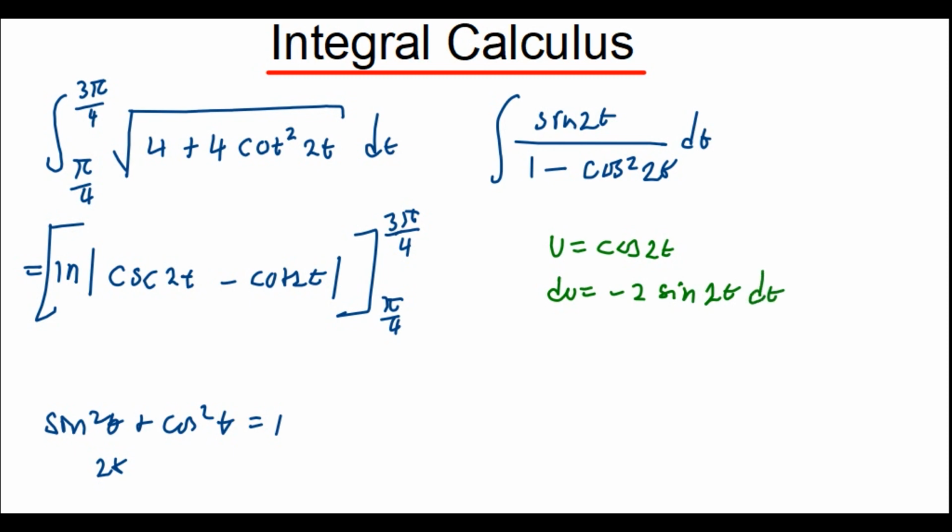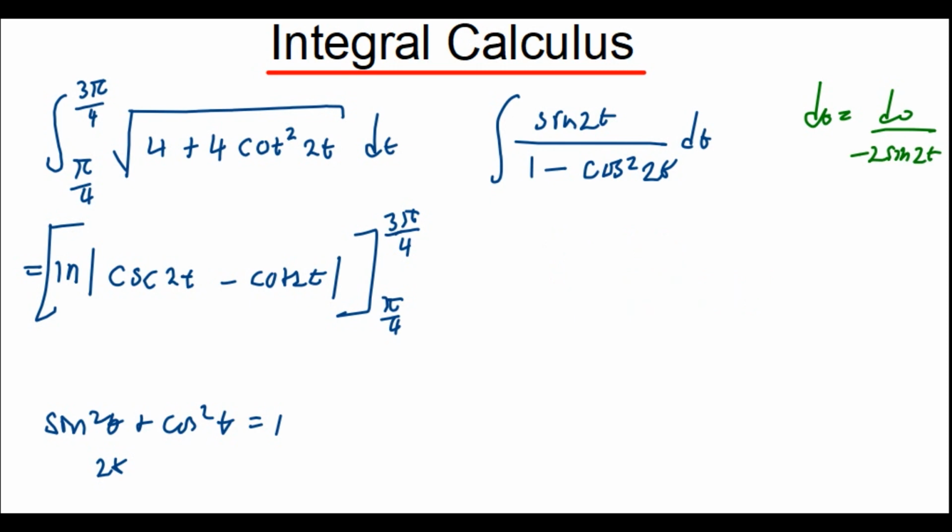So you observe that your dt is just equal to du divided by minus 2 sine 2t. Remember we said our u is equal to cos 2t. So this will be the integral of, on the numerator I still have sine 2t, divided by 1 minus u squared.